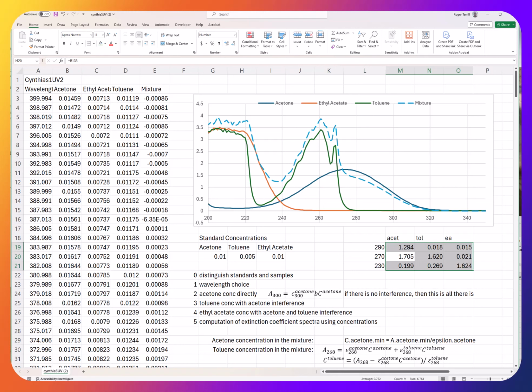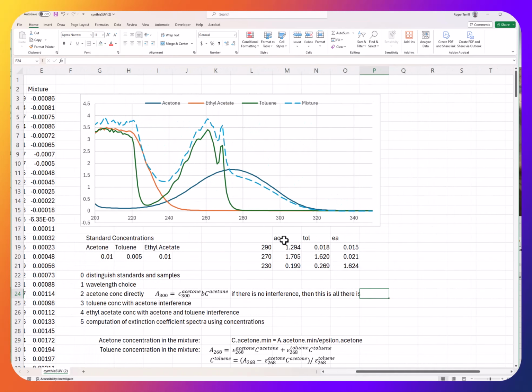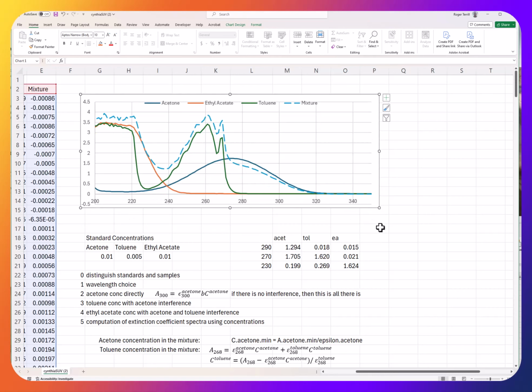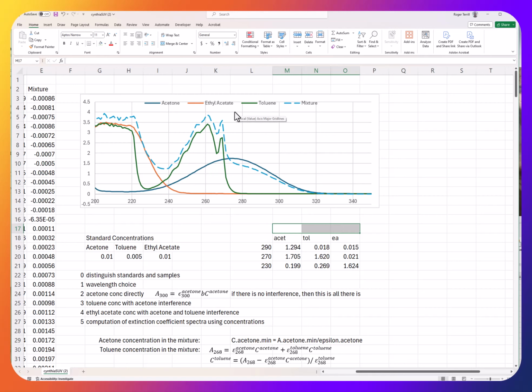And now what we're going to need next is some extinction coefficients for these guys, right? These are standard absorbances. I'm just going to make this guy a little bit smaller here. These are standard absorbances.